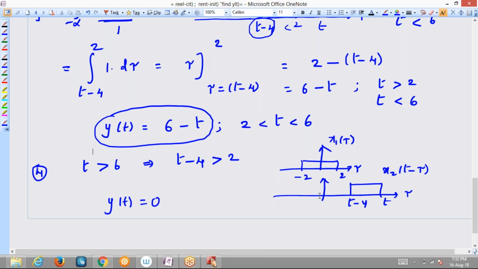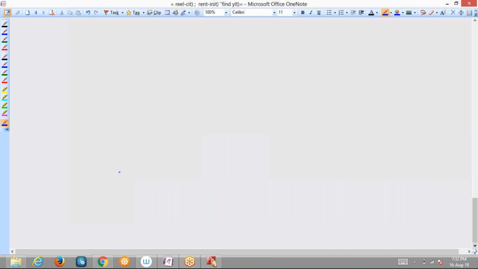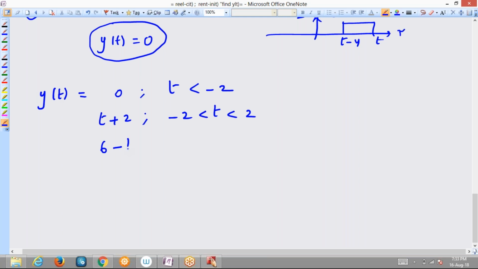So let us write these four conditions and let us plot the signal y of t. So y of t is equal to 0 when t is less than or equal to minus 2, t plus 2 whenever minus 2 less than t less than 2, and it is equal to 6 minus t whenever 2 less than t less than 6, and equal to 0 if t is greater than 6.